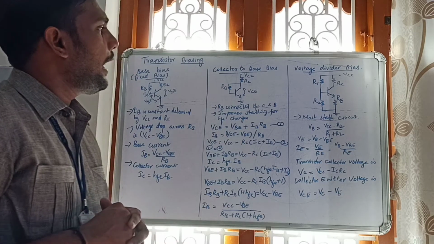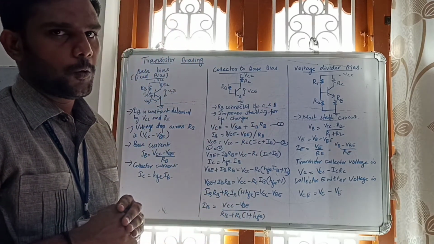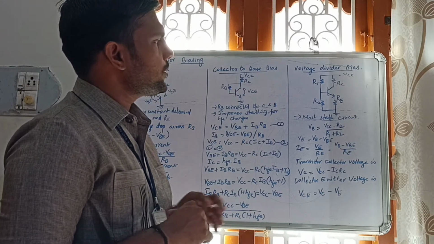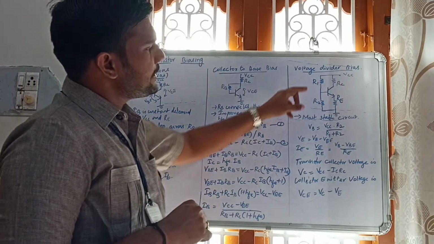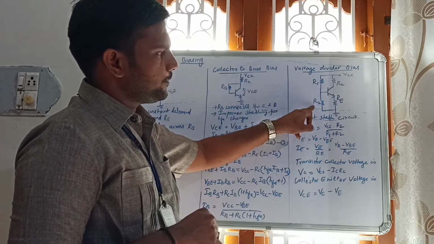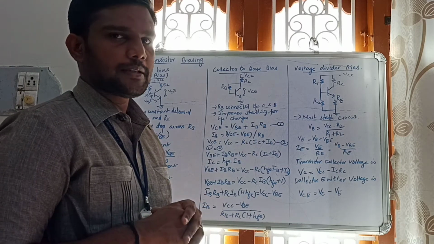Next one is voltage divider bias. In voltage divider bias, a voltage divider circuit provides the biasing for the transistor. Here the voltage divider is R1 R2, and it is the most stable circuit.